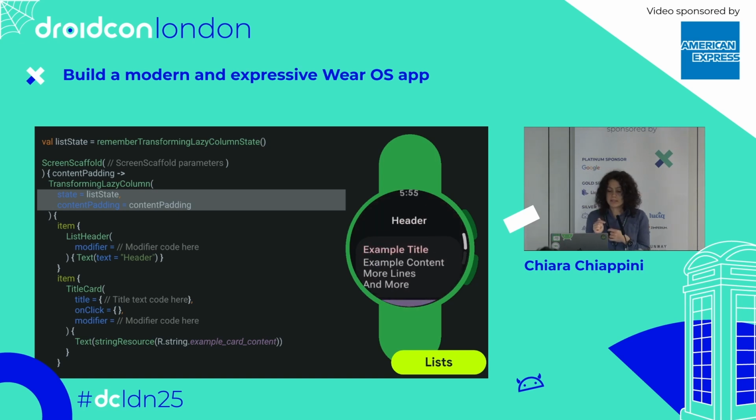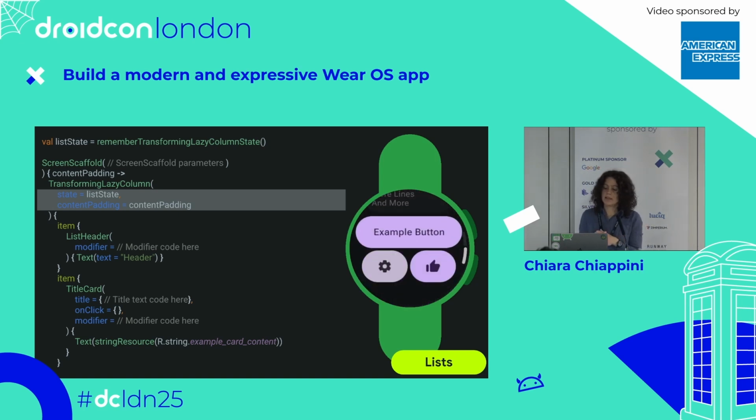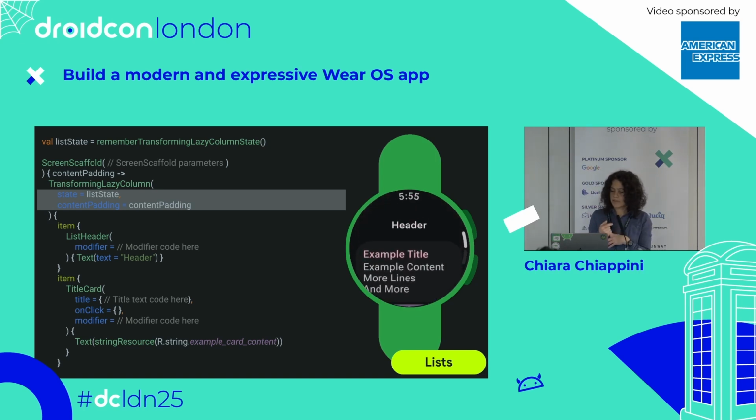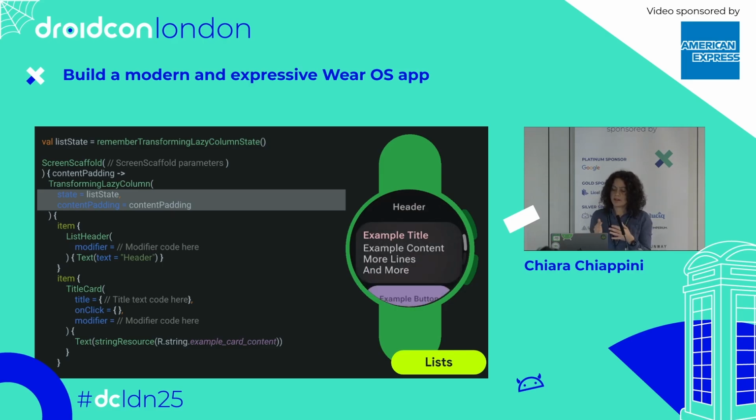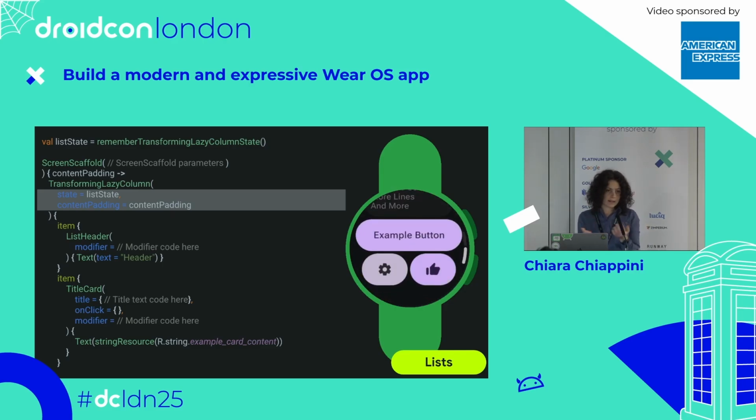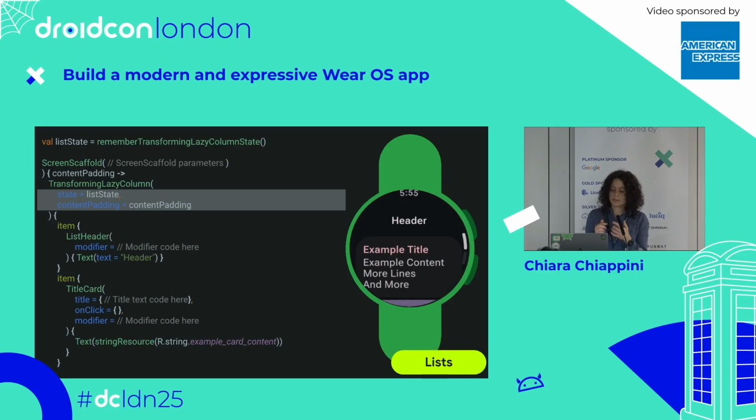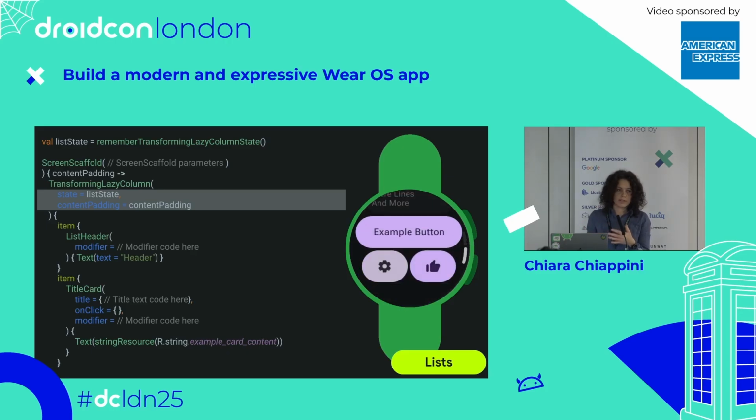The other parameter is content padding, similar to the screen scaffold. This one specifies a padding around the entire list content, and you can use the content padding which we defined before for the screen scaffold.